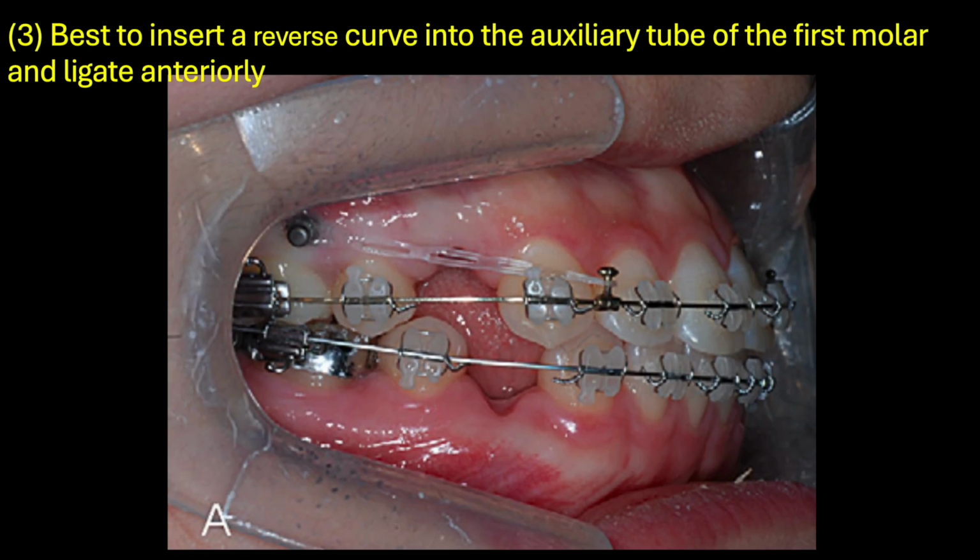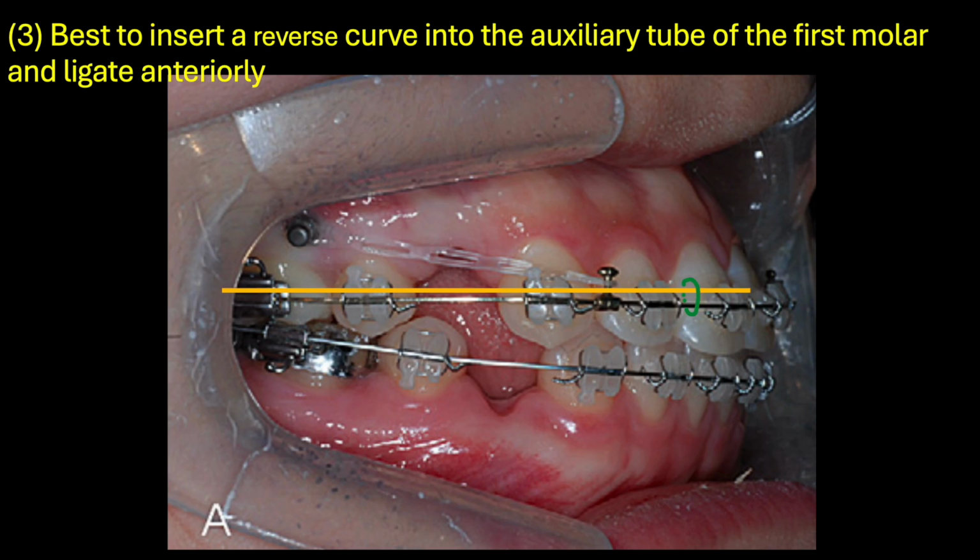So the most effective solution is using a secondary reverse curve arch wire in the auxiliary molar tube ligated to the anterior segment. This creates an intrusive force and a tip back moment on the molars, perfectly counteracting the adverse effects of geometry 3.